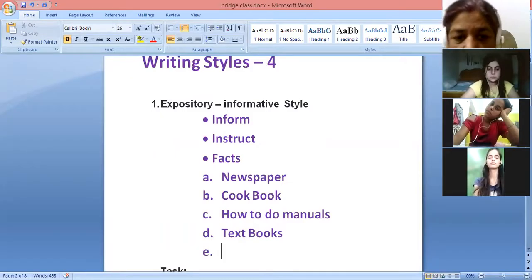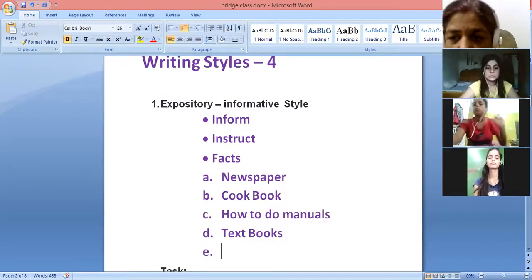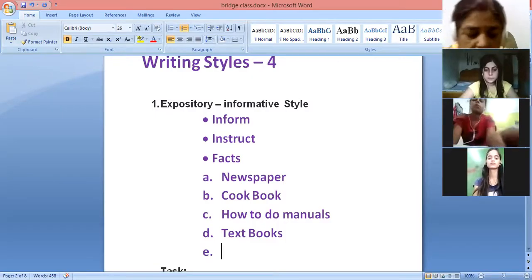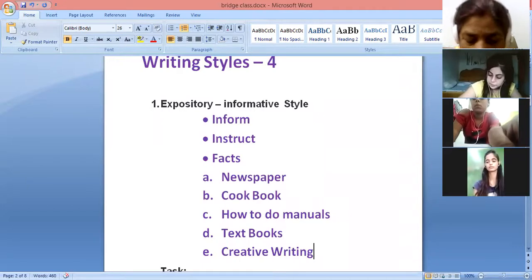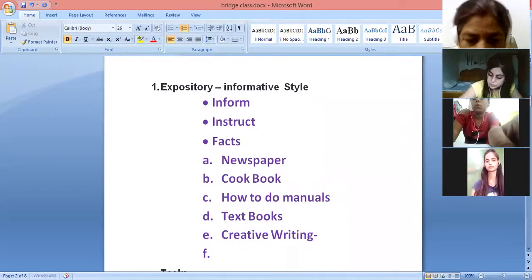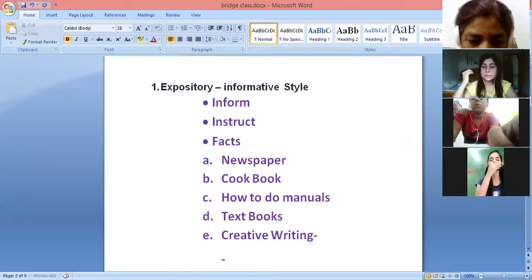Then there's a category of creative writing, right? There are various categories.